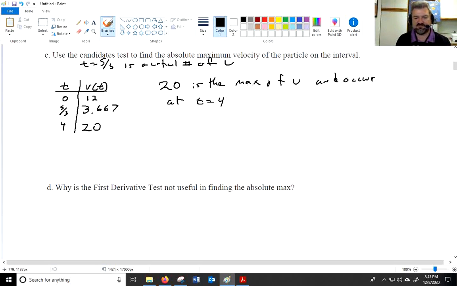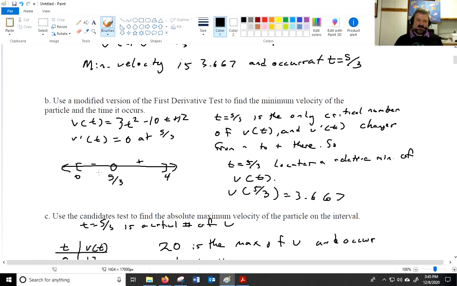Why is the first derivative test not useful in finding the absolute max? Well, we can look at this and say, well, if it went down more from 0 to 5/3 than it did from 5/3 to 4, then clearly 4 is bigger than 0. But just because 0 to 5/3 is a smaller interval than 5/3 to 4, that doesn't prove anything.